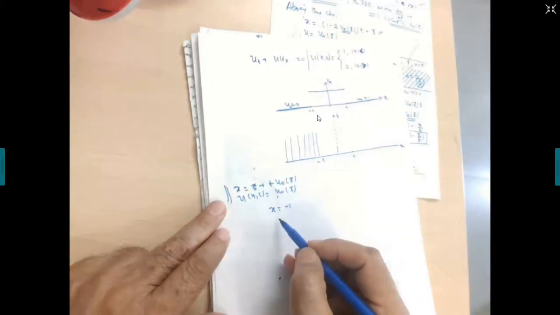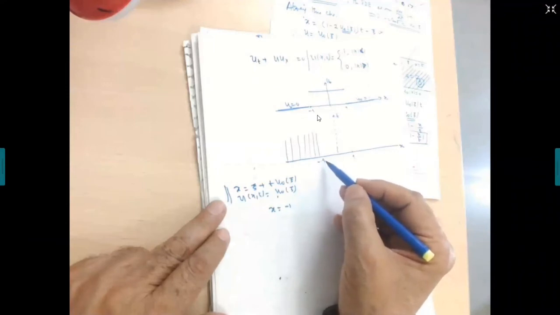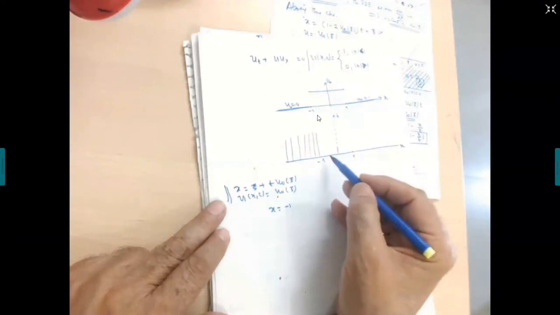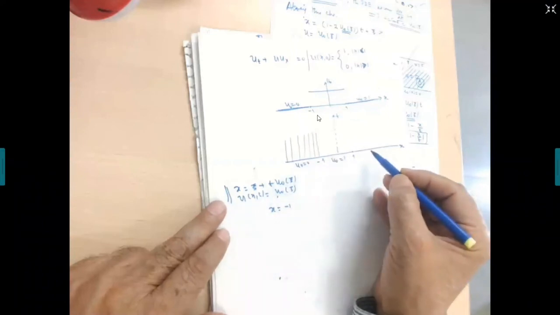So what happens from minus 1, plus t times u naught? Here u naught is 1, and here u naught is 0.